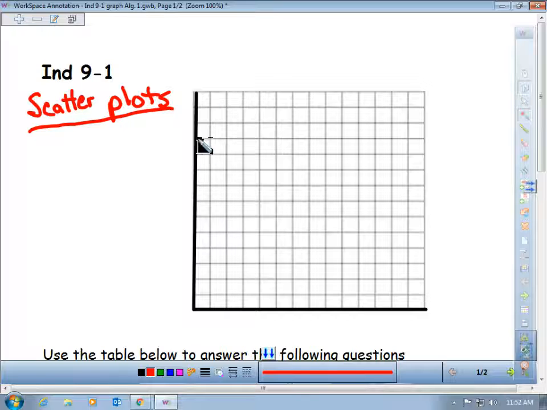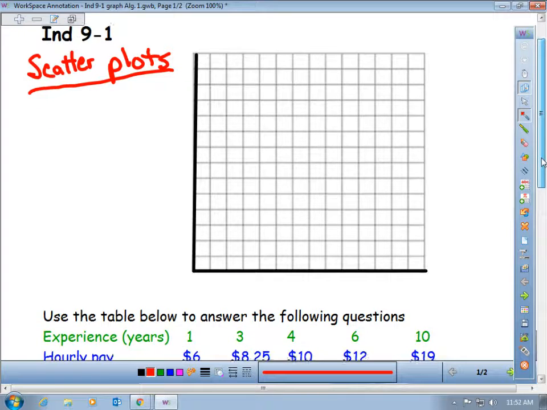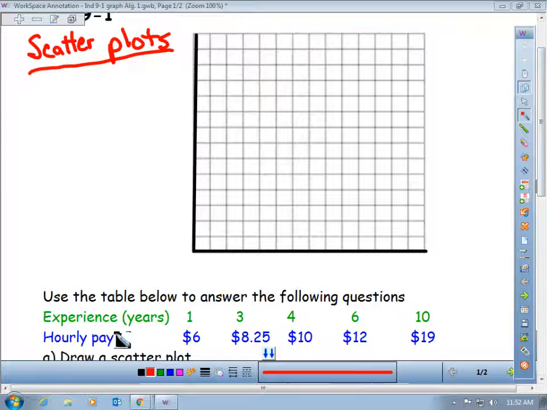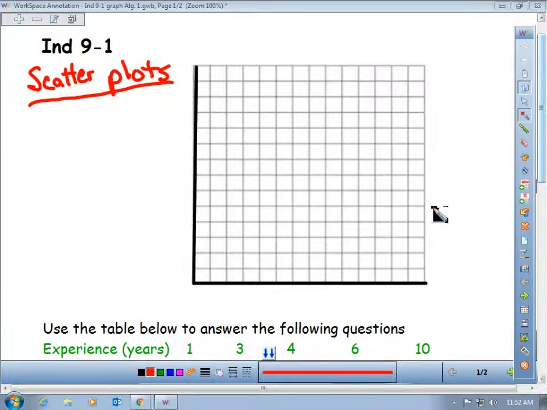Okay, this is just a vertical axis and a horizontal axis, and we're just going to plot a piece of information, which is what we have down here: experience in years, and then your hourly pay. So we're going to make a scatter plot with this. One of the things I think is important is to make sure we have a title, number one.